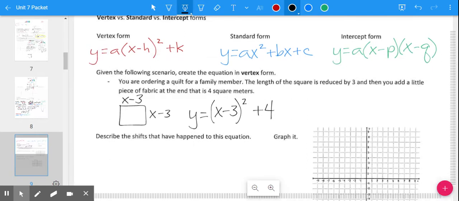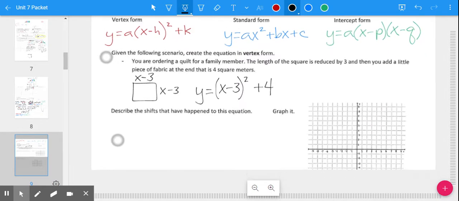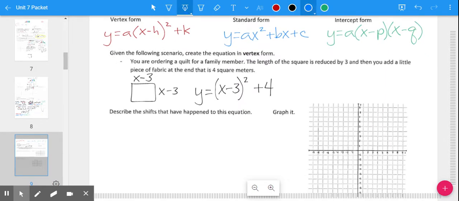So now the next part says describe the shifts that have happened to this equation. So based on that equation, we know that it's in vertex form, and the vertex is represented by (h, k).